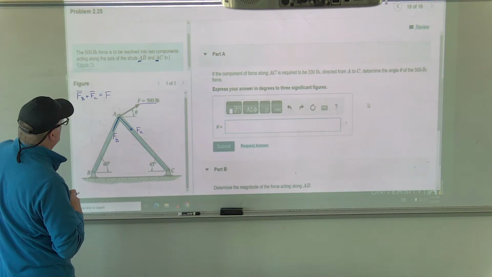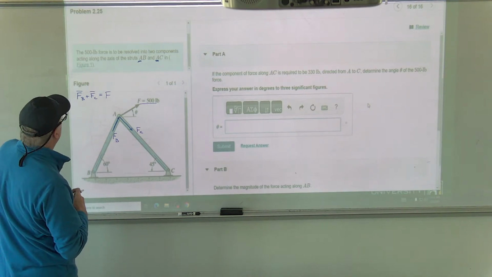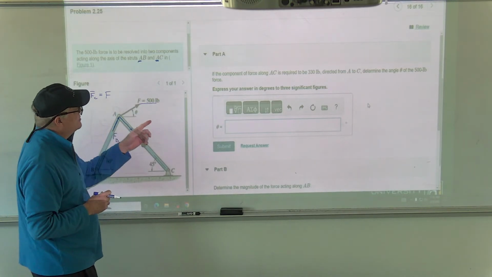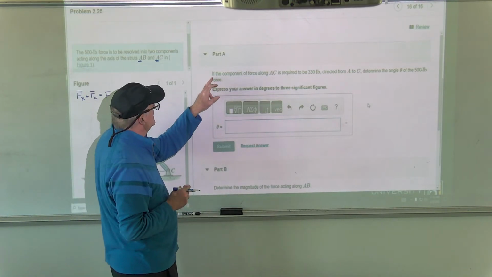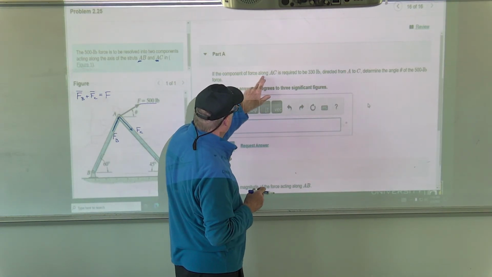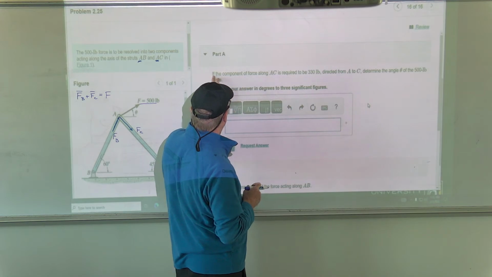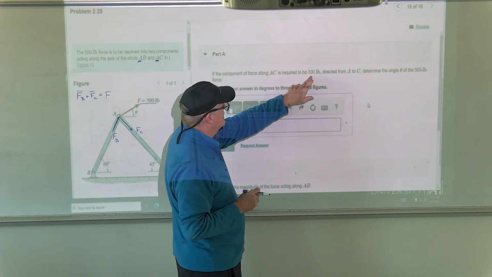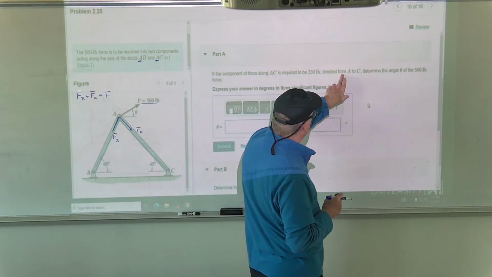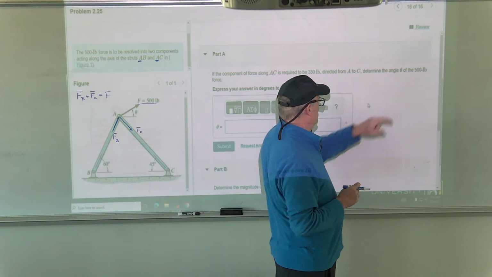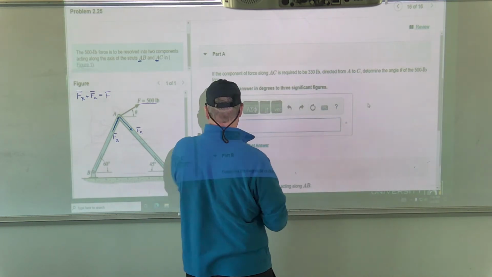Now, okay, so he tells us this, but what is he asking? He wants if the component of force along AC is required to be that directed from A to C, determine the angle theta of the 500 pound force.